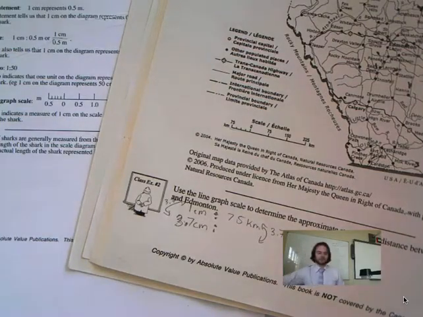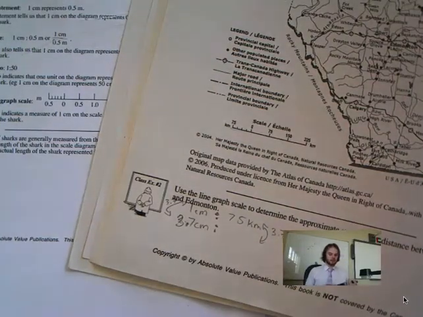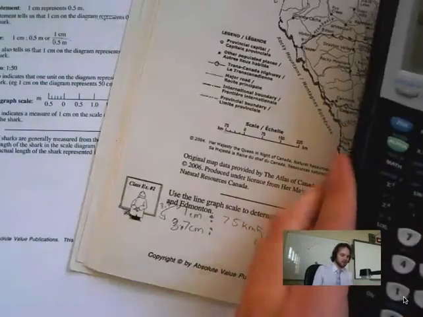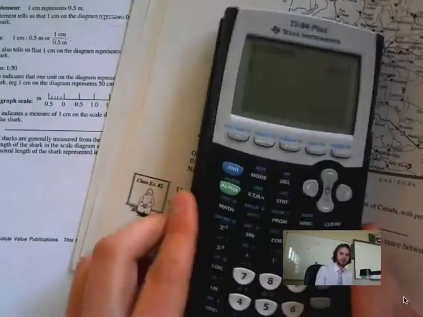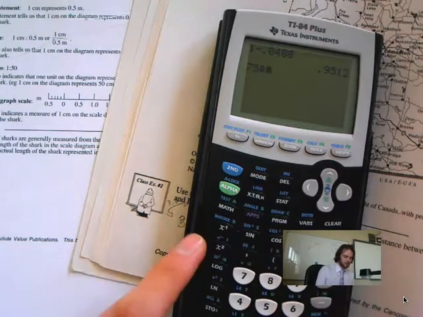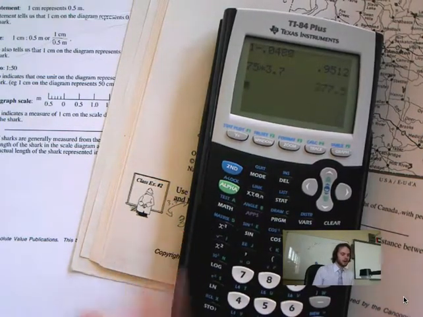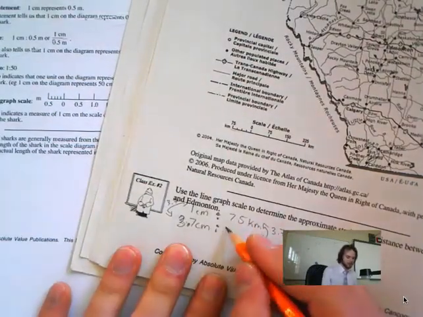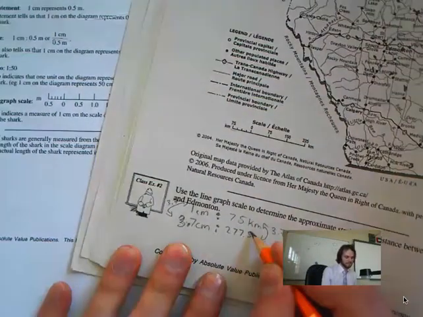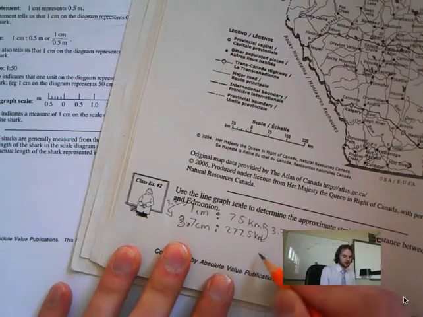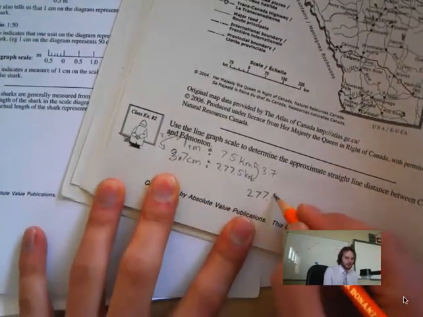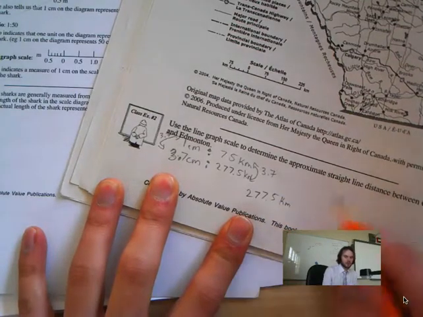So if I grab my trusty calculator, I go 75 multiplied by 3.7. I'm going to end up getting 277.5 kilometers. So it is 277.5 kilometers from Edmonton to Calgary.